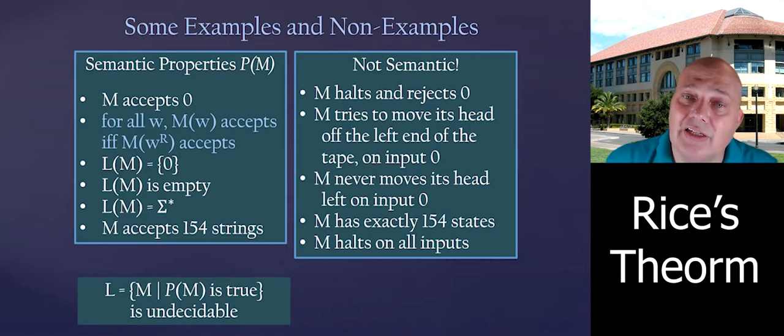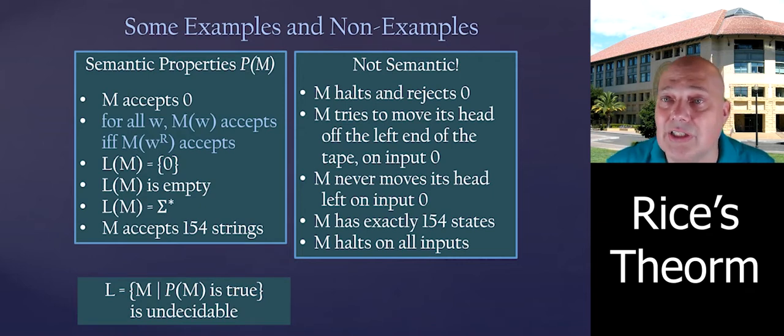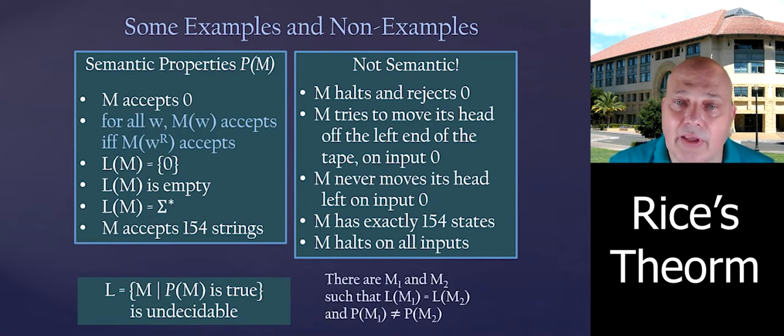Again, if it halts on all inputs, it doesn't mean you can't recognize the same language without halting on the inputs that M is going to reject. And so in all of these cases, there are M1 and M2 such that the language that you recognize is the same, but these properties are not the same for them. So that's important to understand if you want to use Rice's theorem.